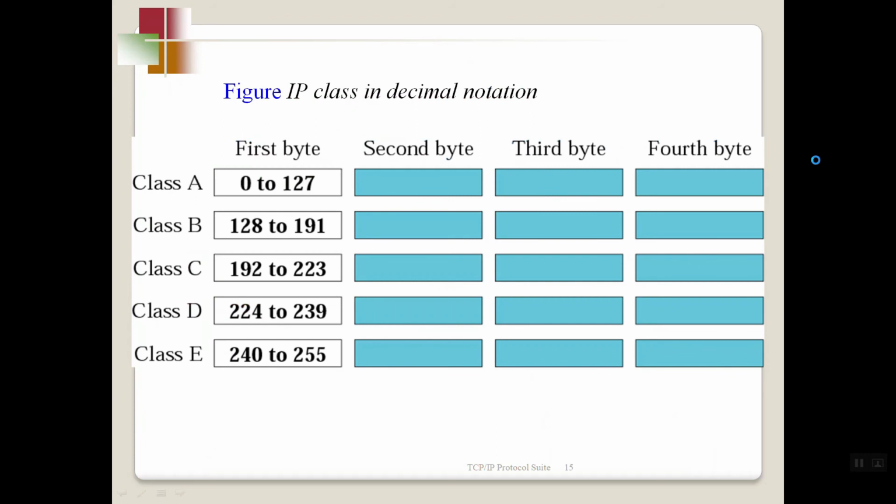So if you see an IP address like 193.200.201.1, it will be in class C because the class C network ID range is from 192 to 223.